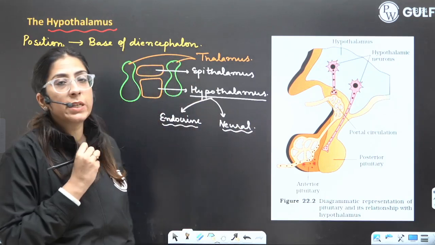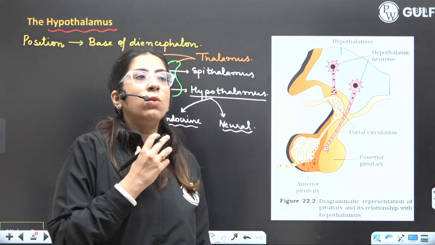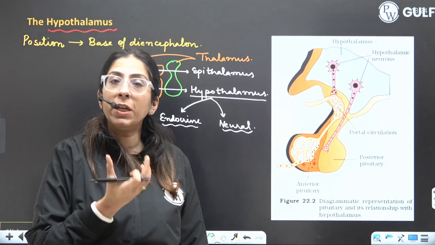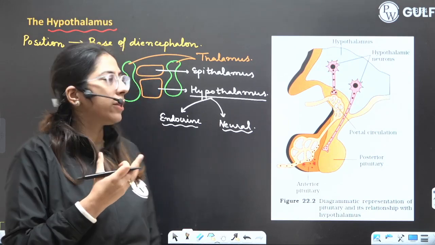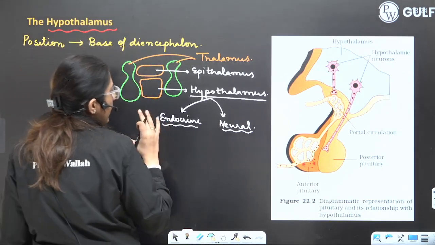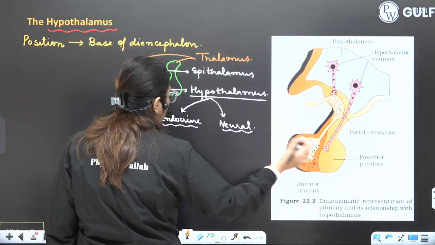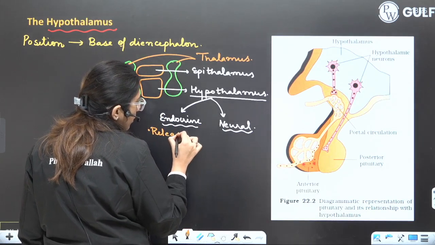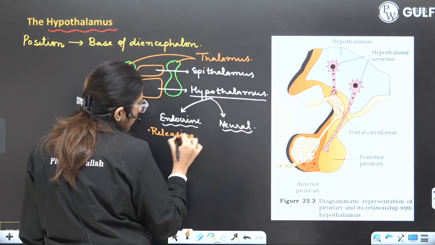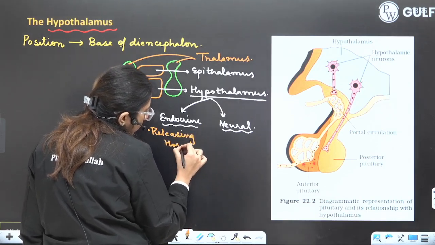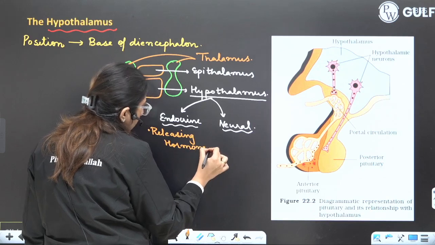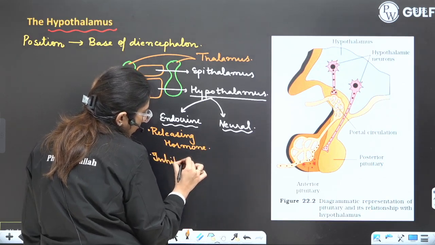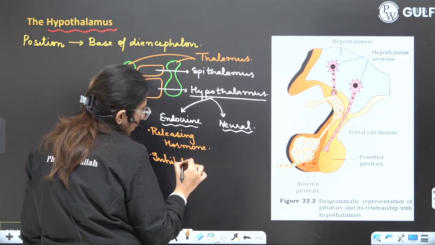For example, it is the center which regulates body temperature; thirst and hunger are because of the hypothalamus. Whereas the endocrine part is also there. In the endocrine part, it releases some hormones which are termed as releasing hormones and inhibiting hormones.